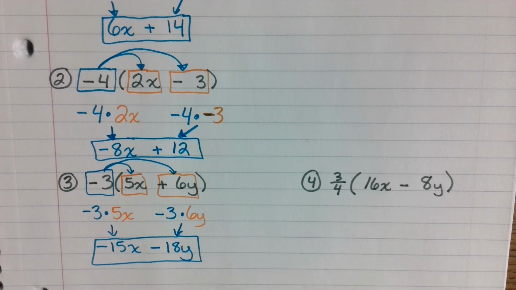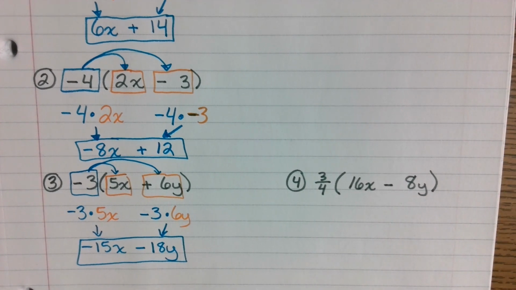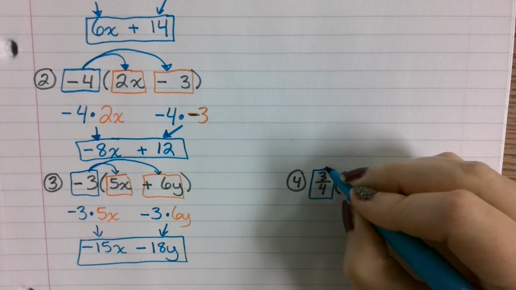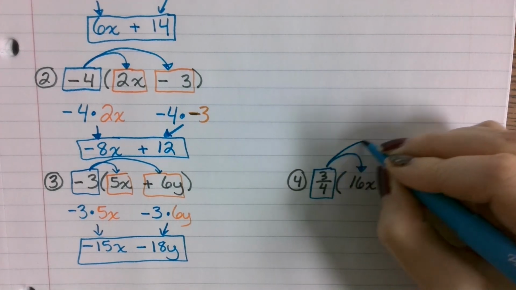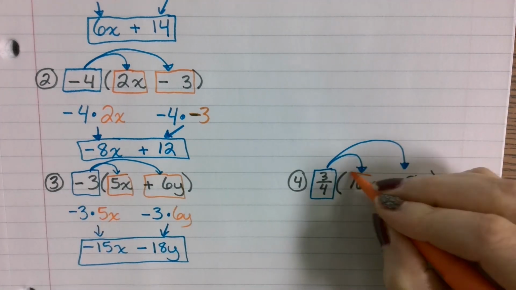It's just distributing. Ioani? 12x and then? And negative 6y. Very good. So, or minus 6y. 12x minus 6y. You're doing the exact same thing. It just happens to have a fraction that you're multiplying by. So you're taking that 3/4, you're going to distribute it and multiply it by the 16x, and you're going to multiply it by the minus or the negative 8y.